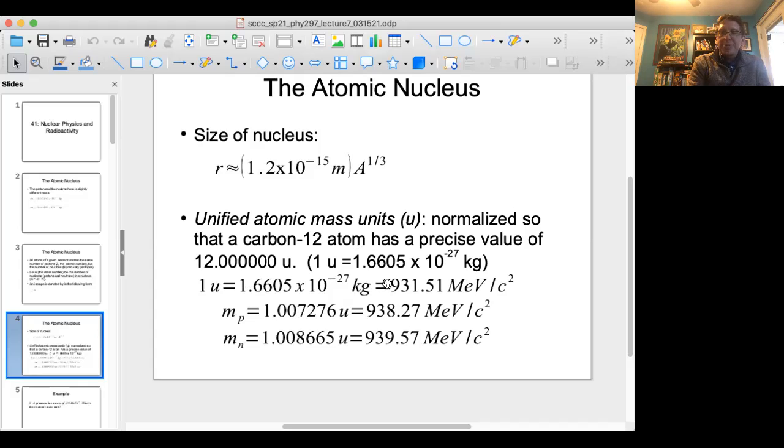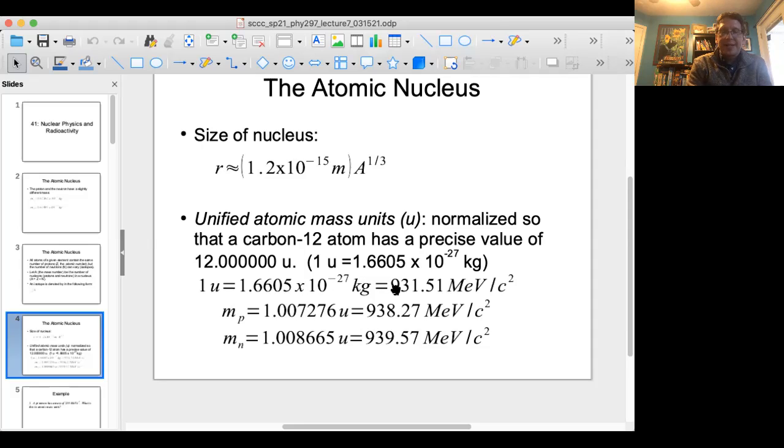One atomic mass unit corresponds to an energy of 931.51 mega electron volts over c squared. So basically, you take the rest mass and multiply it by c squared to get the energy in joules.